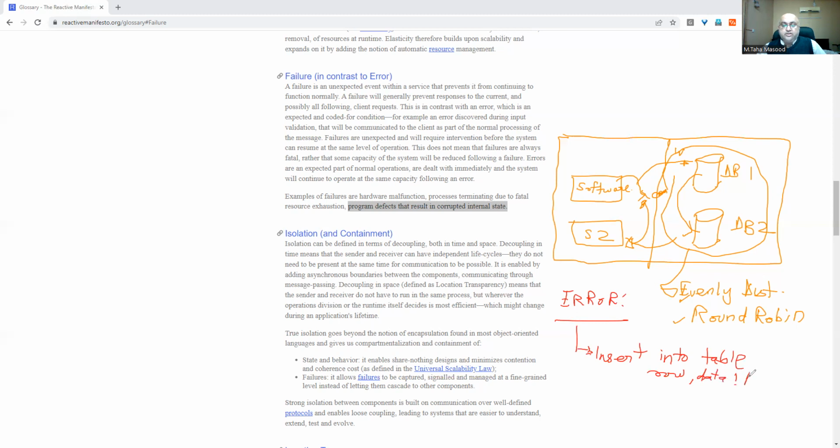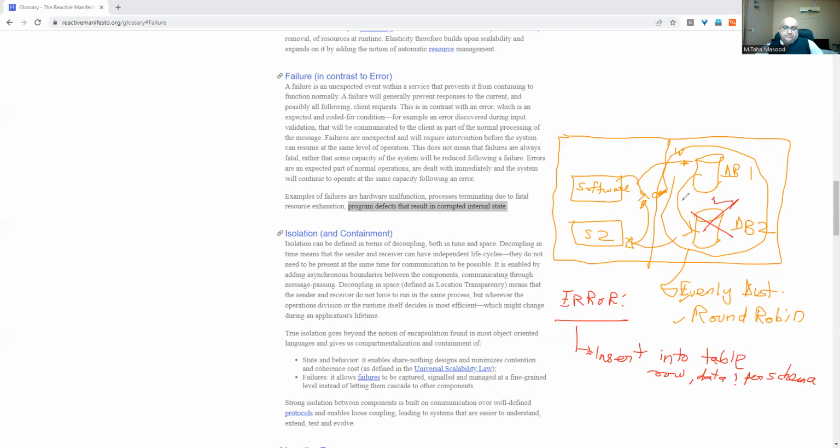Not per schema. So this is an error. This will throw up an error and the application software will deal with it, right? A failure is, let's say, this entire DB2 node goes down. Maybe there is a hardware malfunction. Maybe the RAM got messed up. Maybe the processor got fried or whatever.